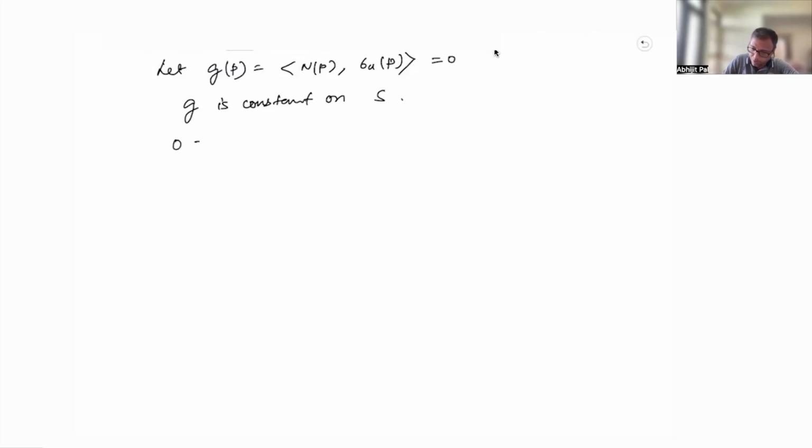So 0 equals g_b, which will be equal to the inner product of NB comma sigma U plus the inner product of N with sigma UB.